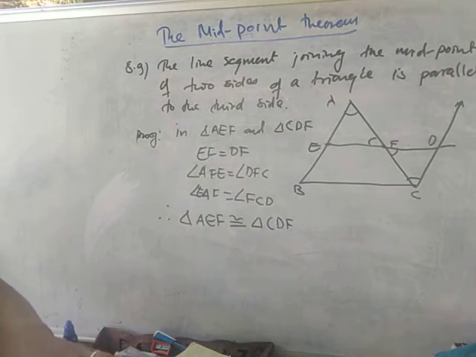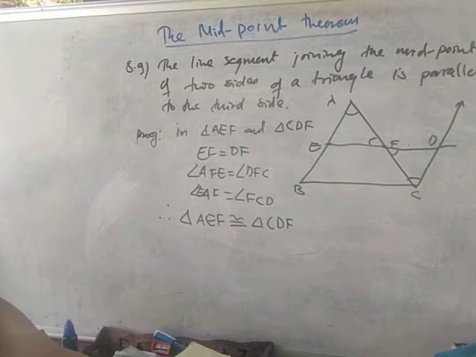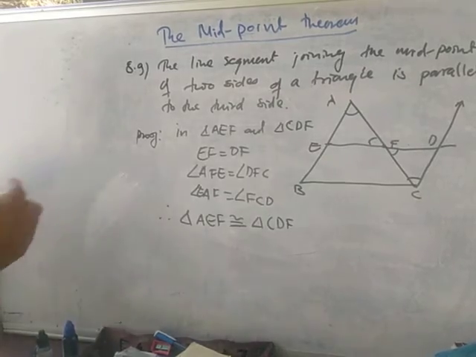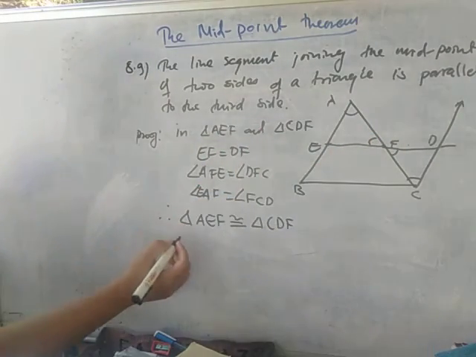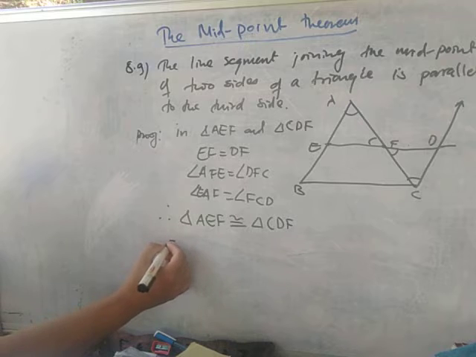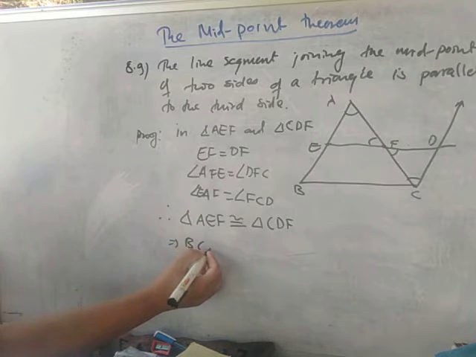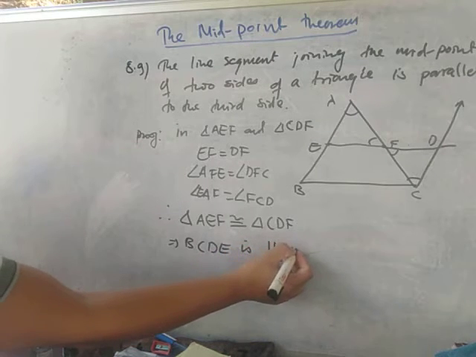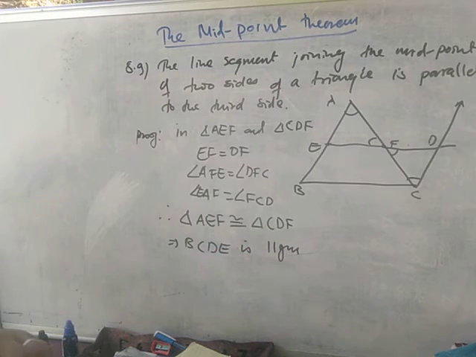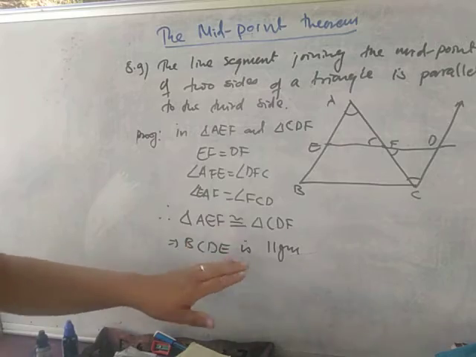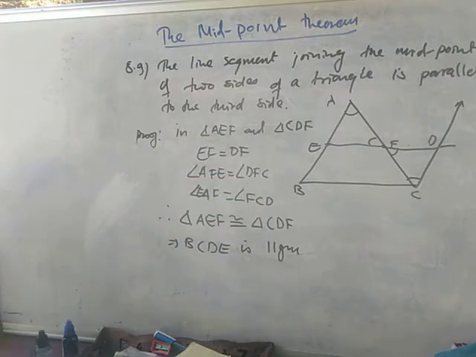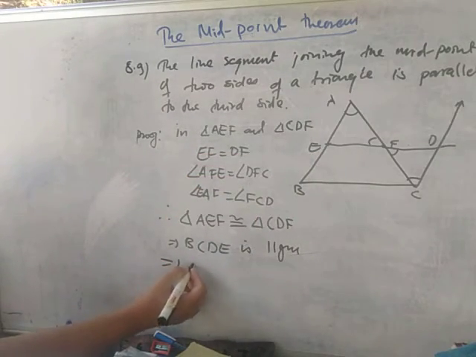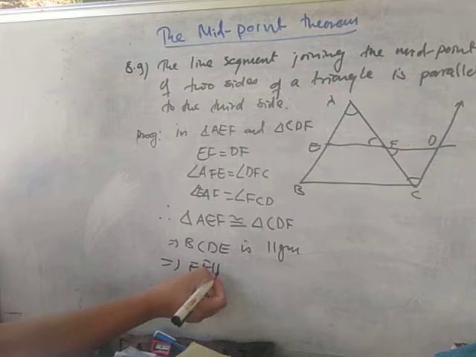So therefore BCDE is a parallelogram, isn't it? So this is your parallelogram, which implies BCDE is a parallelogram. If this is a parallelogram, then these two are parallel, which implies EF is parallel with BC.